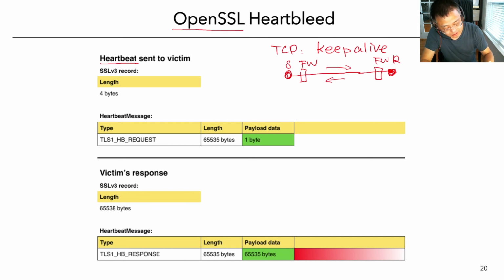So TCP has something called keep alive. Every once in a while, it sends a small packet to the other side and tells every device along the way that this connection is still alive. This is the concept of keep alive. The heartbeat protocol in OpenSSL is very similar in concept.